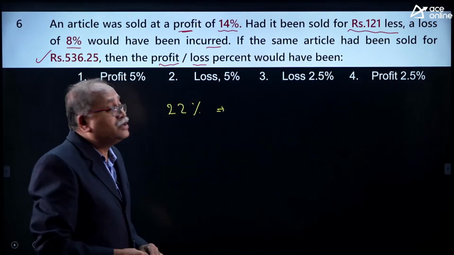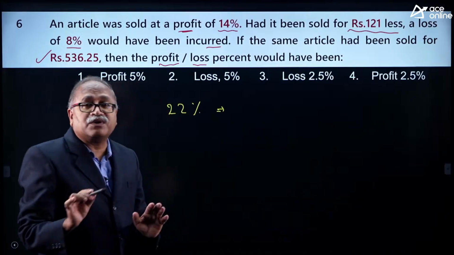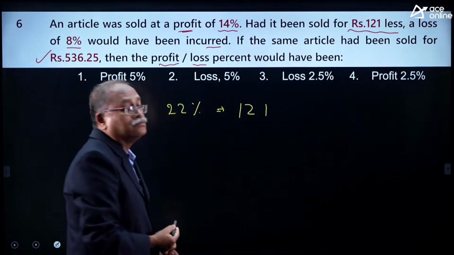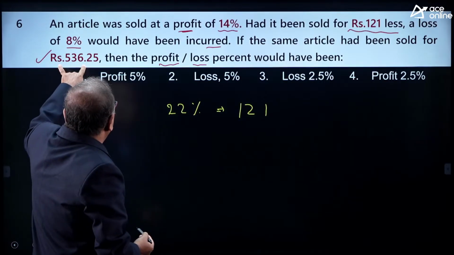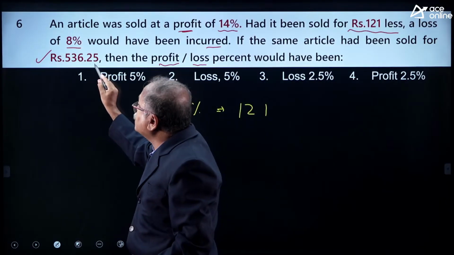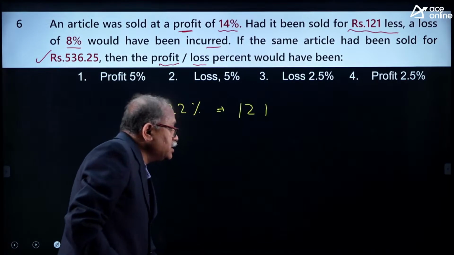Because you have reduced the price by 121. So, 22% of the cost price is equal to 121. Now, if the selling price had been 536.25, what would have been the profit or loss percentage?